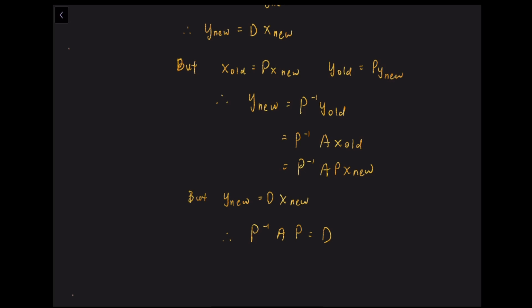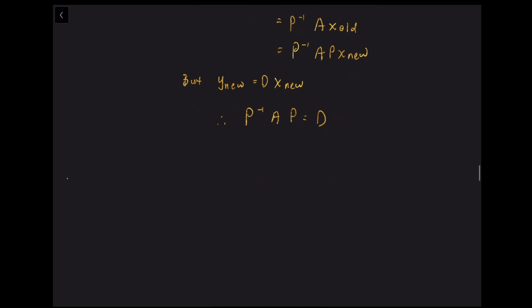We now need to find a means of obtaining a new basis for which the matrix transformation D with respect to this new basis is equivalent to the matrix transformation A with respect to the O standard basis, where D is the diagonal matrix. Pre-multiplying both sides of the equation, P negative 1 AP equals D, by P yields AP equals PD.